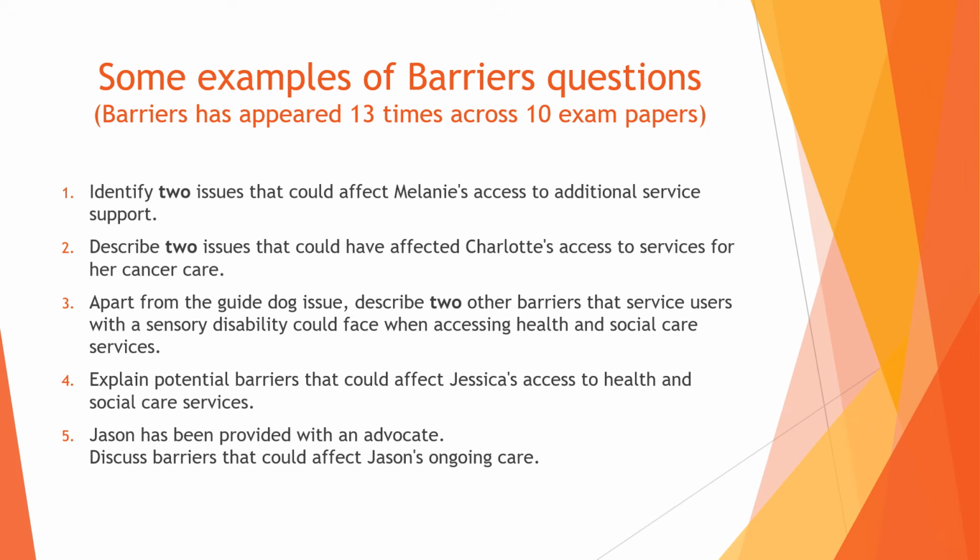So if it is a 6 marker, saying explain potential barriers that would affect Jessica's access to health, try and link it to Jessica. Jessica has this issue, this creates this barrier, this would mean it would be difficult for her to access care because. So do try and make sure you are explaining, as the question asks, those points.